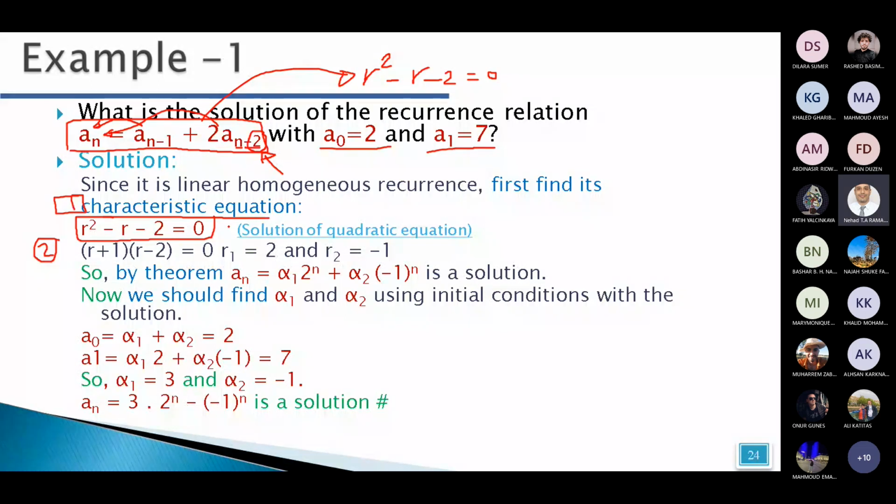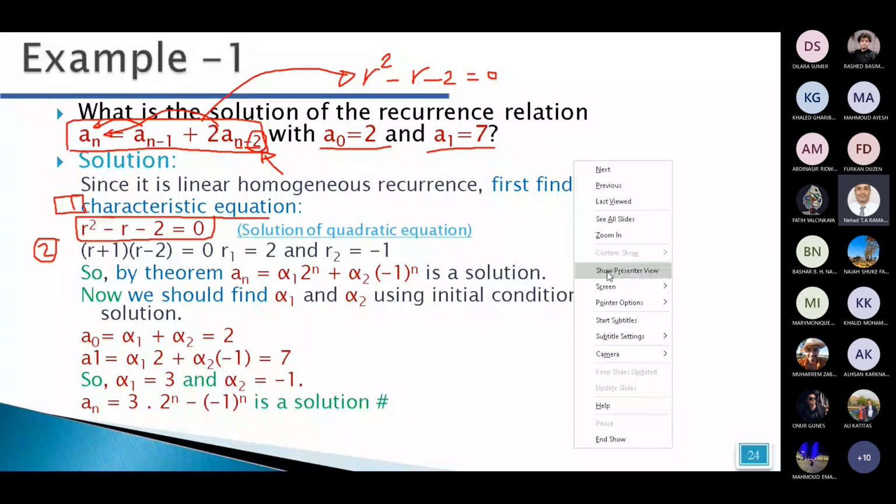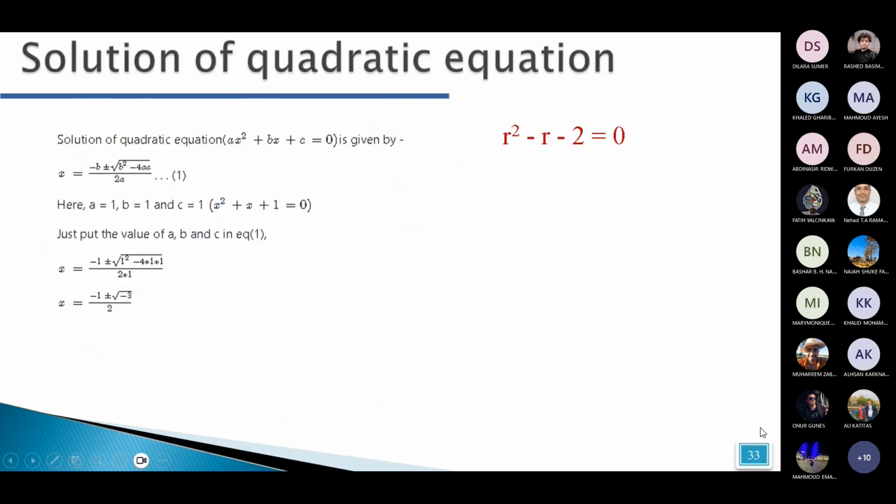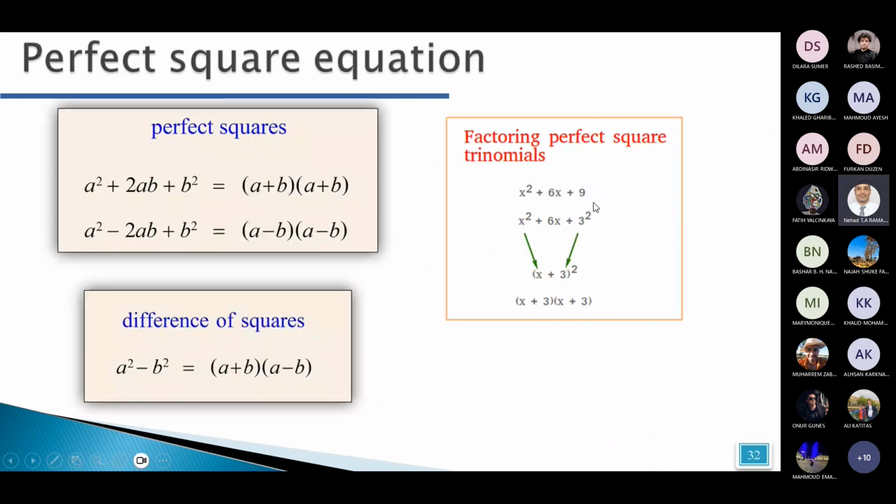This quadratic equation is easy to solve. We have many rules. I already mentioned the rules here, so you can click this one. It's in the slides itself. Here is how to solve it.